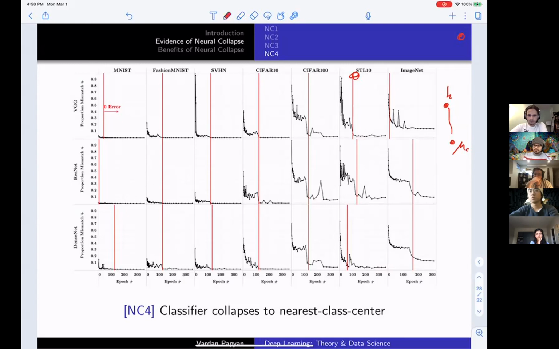Is it clear the difference between the nearest class center and the prediction of the network? Is it clear that the prediction of the network relies on the classifier weights, whereas the prediction of the nearest class center does not rely on the classifier weights? So Neo says, if you have neural collapse and you have a lot of training, you can just resort to nearest class center because it might be faster and take less computing power.